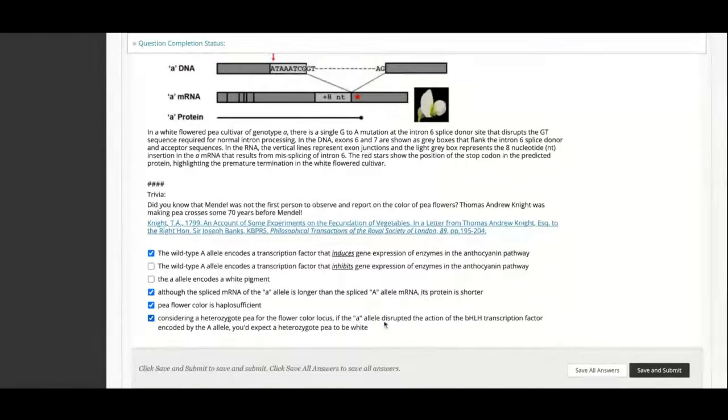So perhaps I have to say here, if it fully disrupted the action. If you didn't mark this because you're like, well, maybe white, maybe pink, then you're thinking right. But maybe I would just say it would not be like the dominant phenotype or the dominant allele.